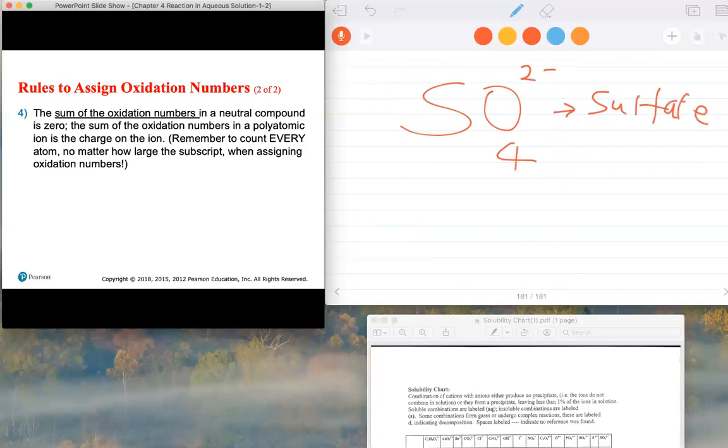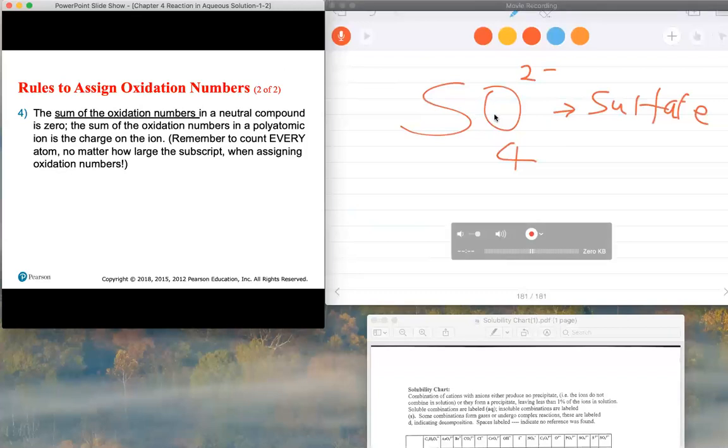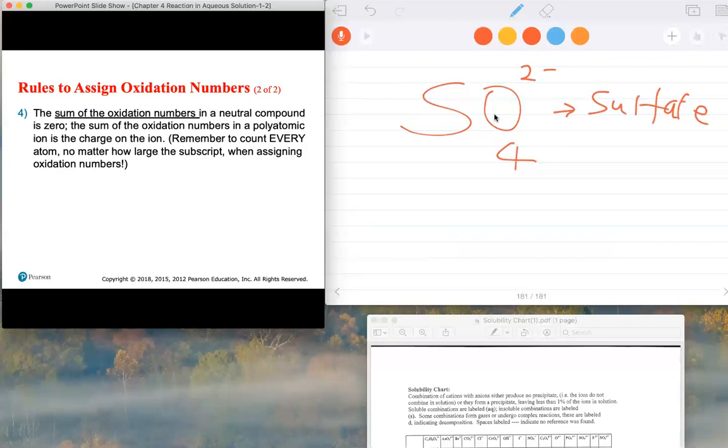We equate to the overall charge. And remember what I just said. The most electronegative, maybe I haven't talked about electronegativity, but the one on the far right takes first priority by assigning the oxidation state, using the periodic table, predicting its ionic charge.